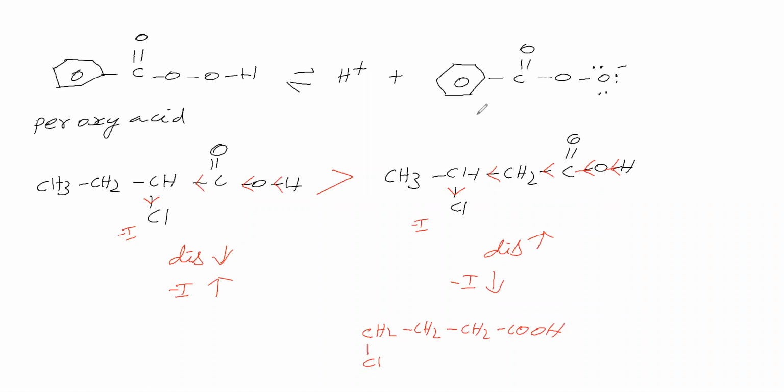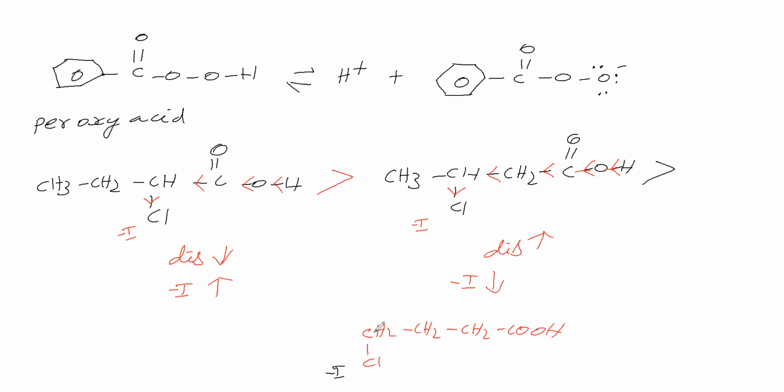This Cl shows minus I effect. How will the acidic strength be here? That means even less than this. This will have more acidic strength when compared to this, because the minus I group is somewhat far away.